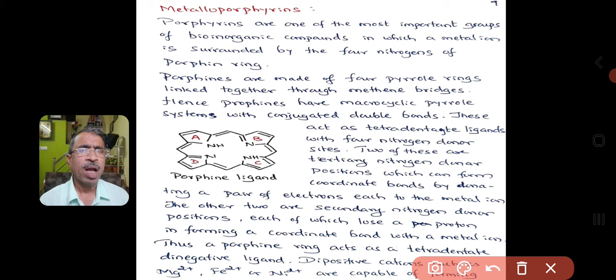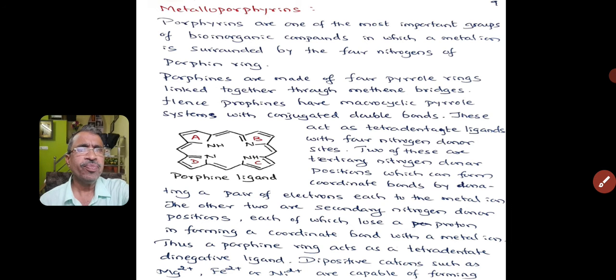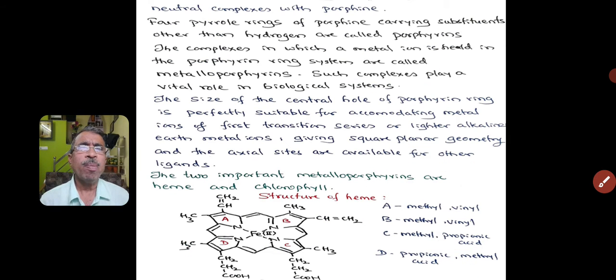Dipositive cations such as magnesium ion, ferrous ion or nickel ion are capable of forming neutral complexes with porphyrin.